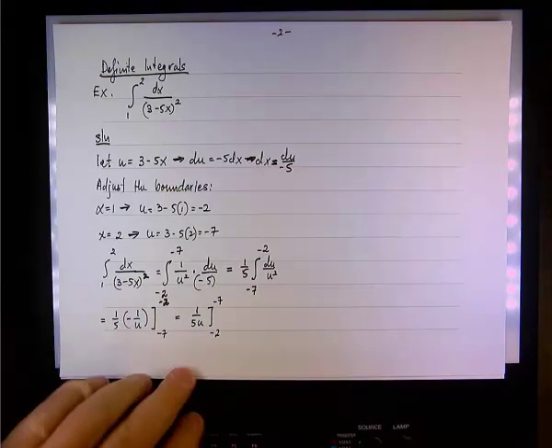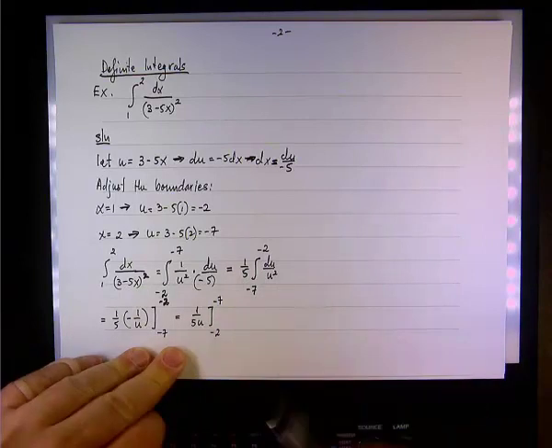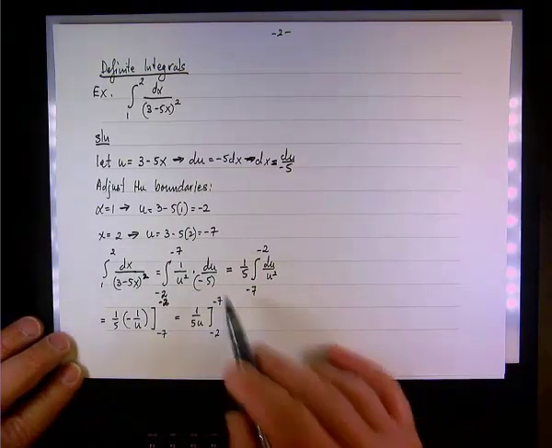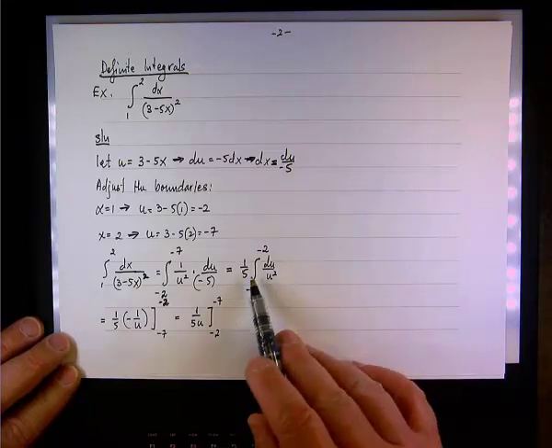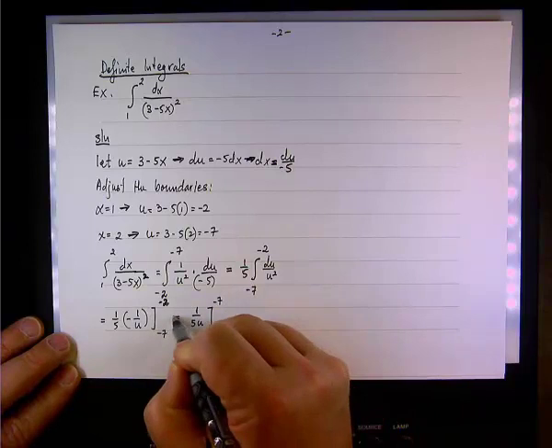Okay? You don't have to do so. You don't have to flip anywhere. You could have started with negative 2 to negative 7 and stayed with it and carried the negative value. I did it to confuse you.